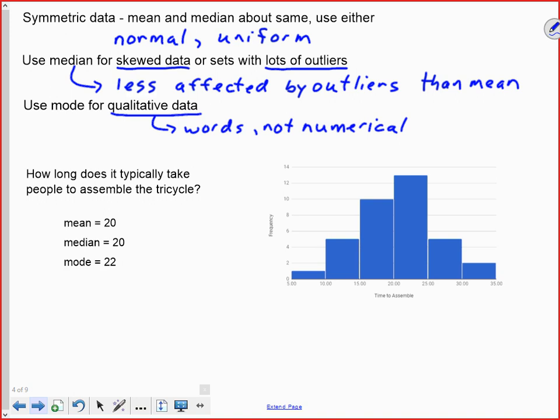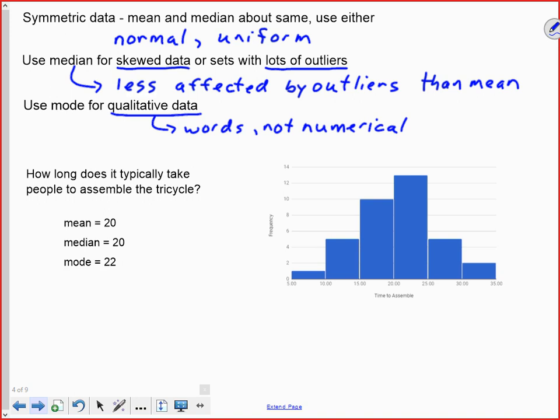Okay. So looking at this data set that we've been talking about for the past few lessons here, the time to assemble our tricycle, we could ask a question like, how long does it typically take people to assemble this tricycle? And we could take our raw data, calculate our mean, our median, and our mode, and we would find that the mean is 20, the median is 20, the mode is 20, which makes sense for this nice symmetric distribution that we have.